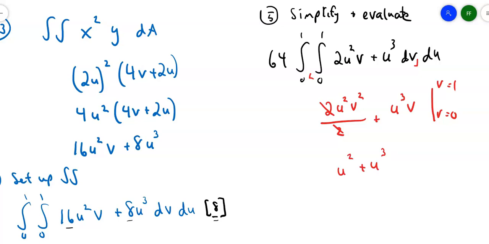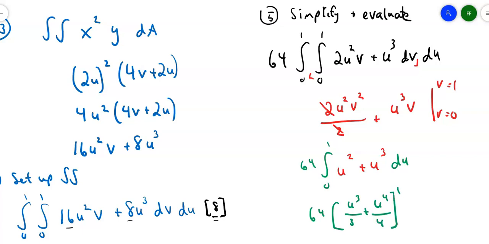All right, now I'm going to integrate that from 0 to 1, and I'll multiply it by 64, integrate with respect to u. So I get 64 u to the third over 3 plus u to the fourth over 4. Right, clearly, if I put a 0 in, I yield nothing, so this will give me a 64 times a third plus a fourth.